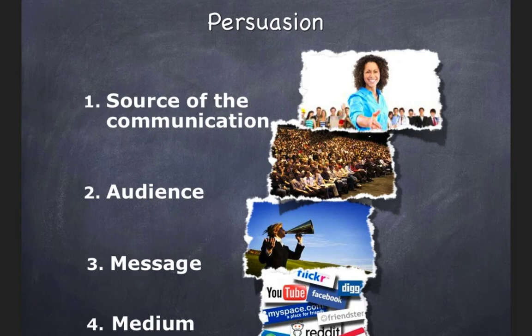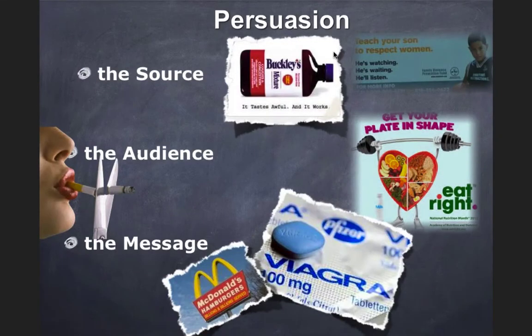And so let's look at 2 of those elements right here. The source. One-sided message is more persuasive if an audience is not informed. So if I'm going to be persuasive to an uninformed audience, then just say the one side of the argument or one side of the message, and it'll be much more persuasive. 2-sided messages are best when the audience is best informed, fairly intelligent, and initially opposed to the point of view.